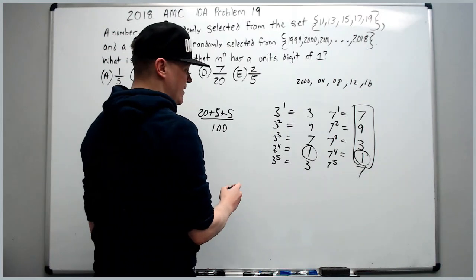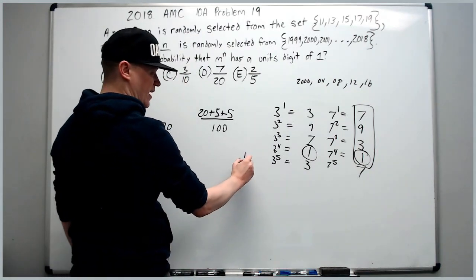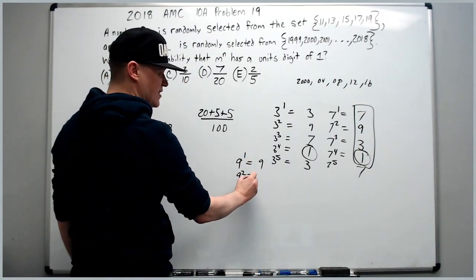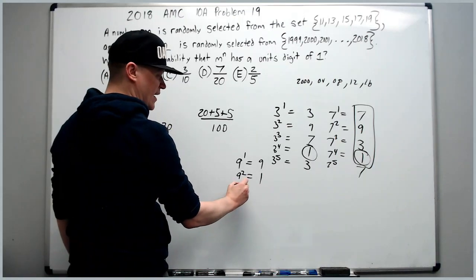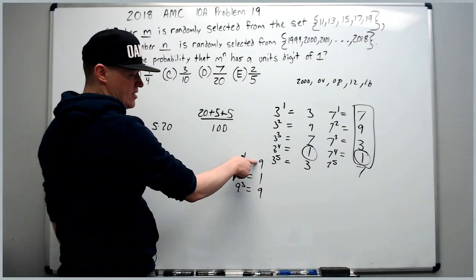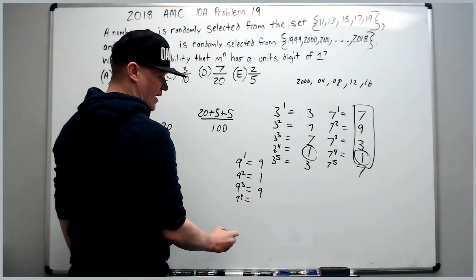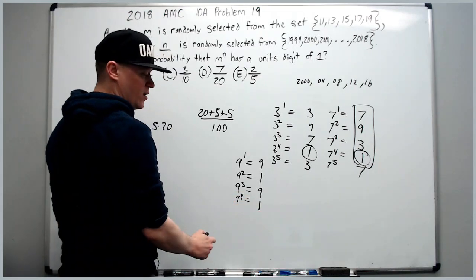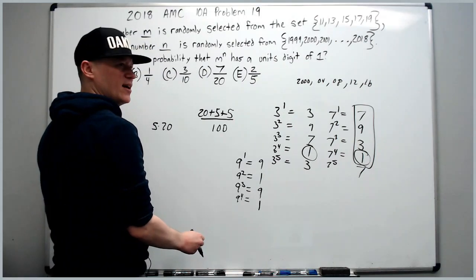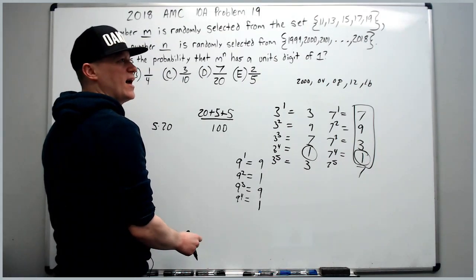Now we do the 9s. To explore 9s, 9 to the first is 9, 9 to the second is 81, 9 to the third is 729, and you can see it's going 9, 1, 9, 1. If you do one more, 9 to the fourth is 6561. Is that right? Yeah, actually that's right.